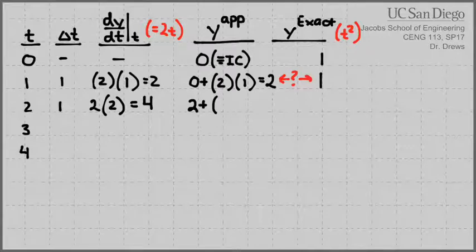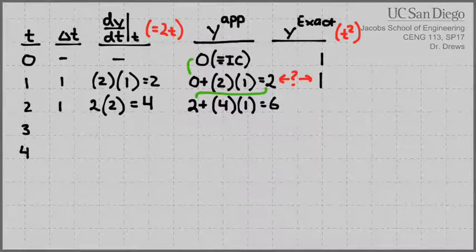Plus dy dt, which is 4, times delta t, which is 1. All right, so I've sort of snaked in this value of 2, and it's shown up here. This value of 0 showed up here. All right, we're just taking the old one and adding on to it as we go along. So the new value here is 2 plus 4, which is 6.